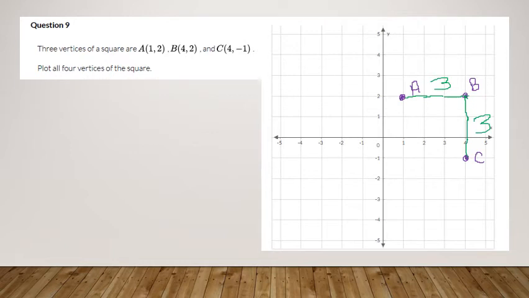We know that this is a square, so we are going to say 1, 2, 3 units. And then we could check it by checking that all of those have the same distance between the points. So the other vertex would be at (1, -1).